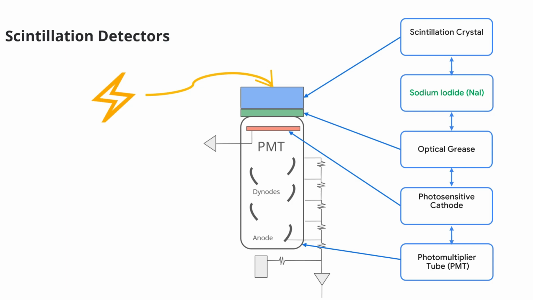These sodium iodide crystals with thallium impurities play a crucial role. When excited by a gamma ray, they emit a photon in the visible spectrum. This light pulse is detected by a photomultiplier tube, which amplifies the signal through a series of dynodes, ultimately producing an electrical pulse.